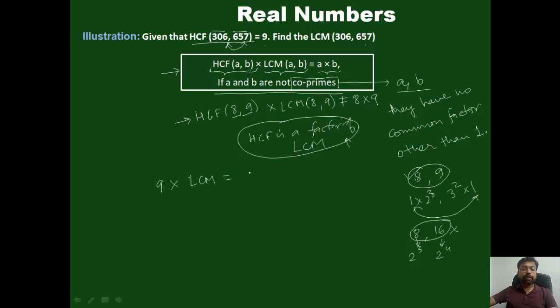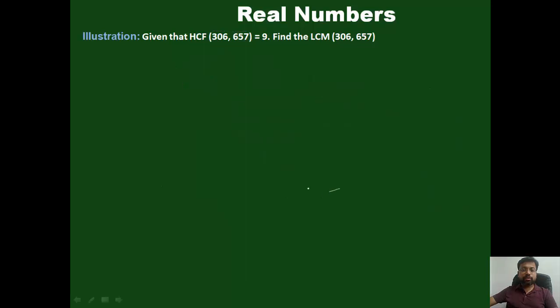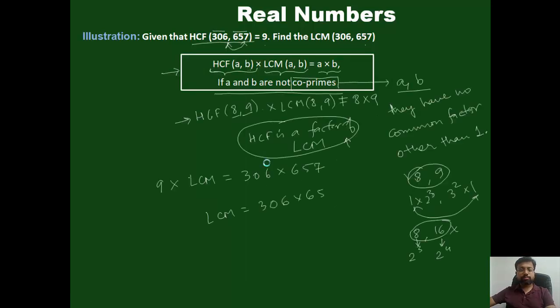So the LCM can be easily found out as 306 into 657 divided by 9, which would mean 3 here, 34. So you figure out what 34 into 657 is.